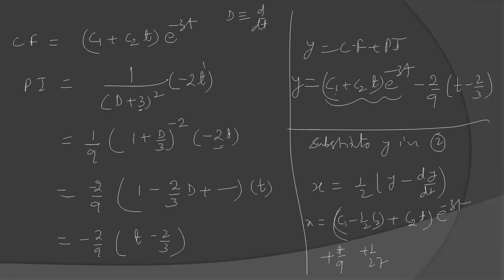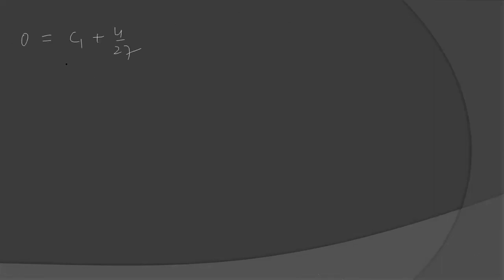If you see carefully, minus t is 0, minus plus 4 by 27. And if you put t equal to 0 here and x equal to 0, then your second equation will become 0 equal to c1 minus 1 by 2 c2 plus 1 by 27. Now if you simplify, c1 is minus 4 by 27, substitute c1 here, you will get the value of c2, that is minus 2 by 9.